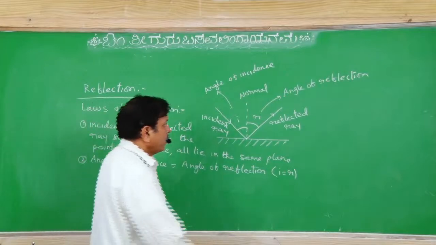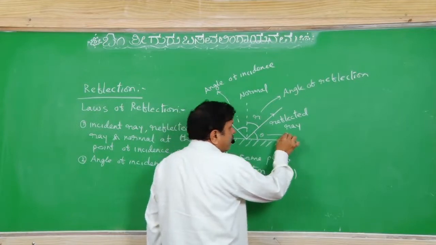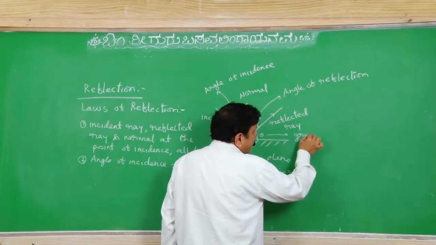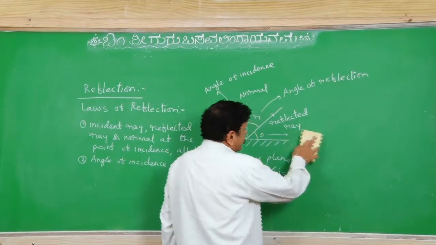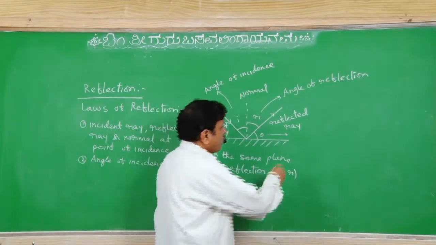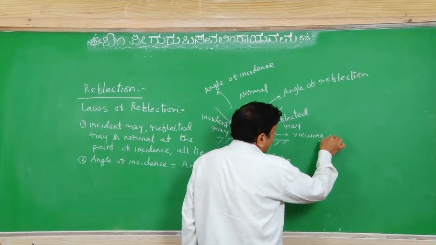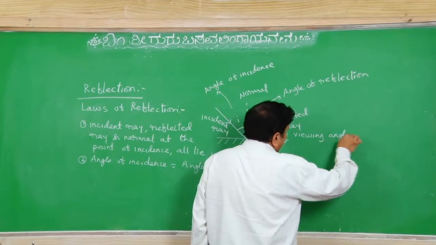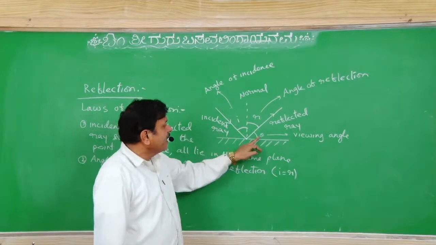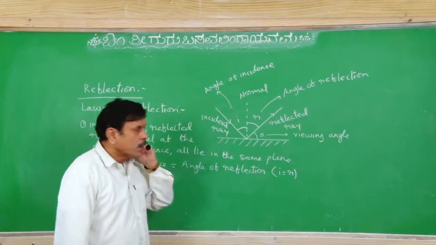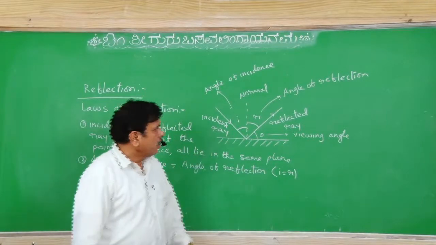Now this angle, theta, is called the grazing angle. And this angle is called the viewing angle, because when light is incident, this angle and this angle will be the same.